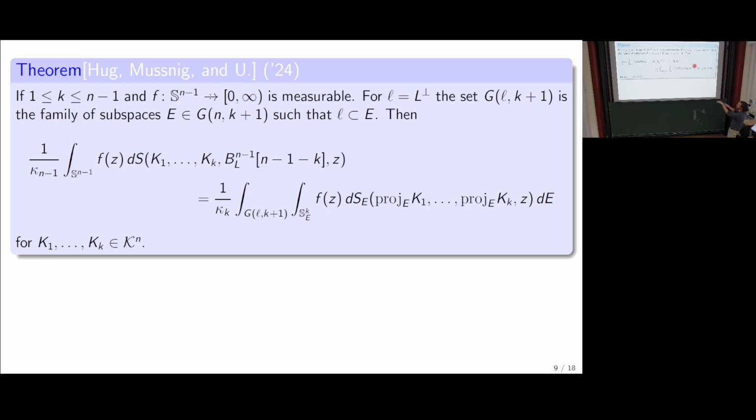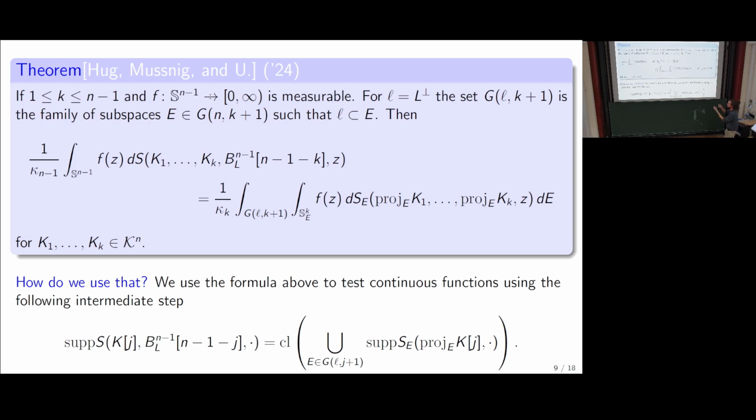This formula is general, so we have K_1, ..., K_k different sets. We consider their projections, we average on the projection, and we obtain an integral involving the sets K_1, ..., K_k, but the dependence on the average just is switched to this dependence on this term here.